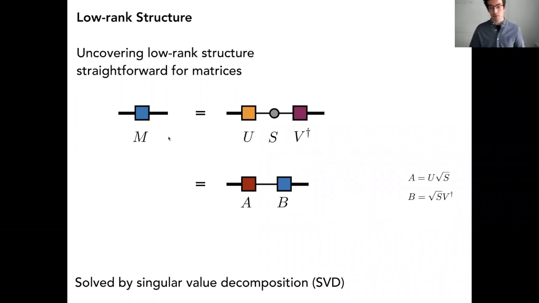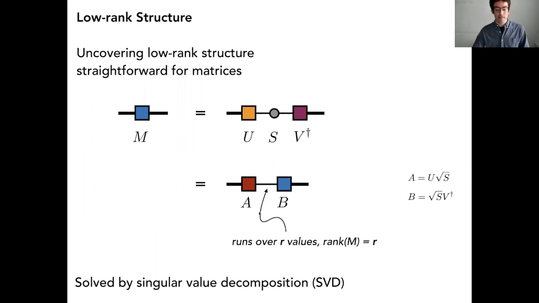You can take any matrix you want and compute its singular value decomposition. So let's take some matrix M and compute its SVD. That gives us a matrix U, a diagonal matrix S, and another matrix V. Then we can collect this into two matrices by taking the square root of S and putting it into U and into V, giving us matrices A and B.